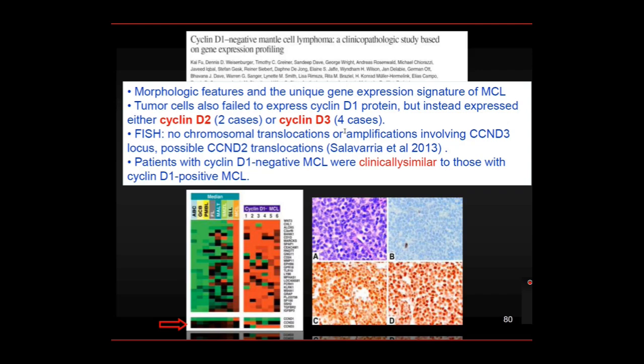So not a big event for the pathogenesis of the tumor. Of course, important for us, because when you test negative cyclin D1, you cannot exclude the diagnosis. So super positive predictive value, when it's cyclin D1 positive, it's mantle cell lymphoma, 100% sure. If it's negative, you go further in your differential.